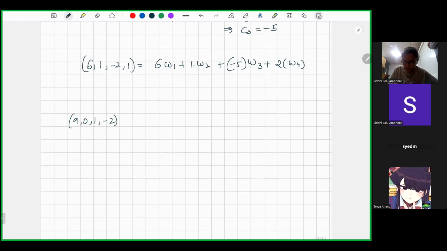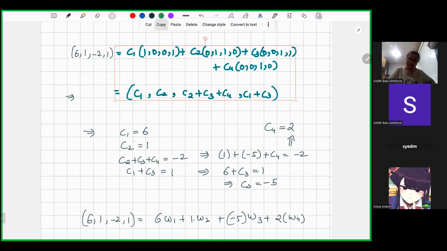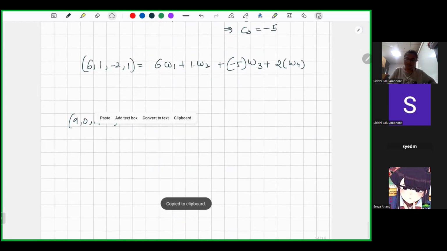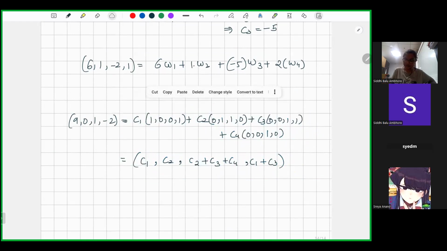9, 0, 1, minus 2. And see, this is again a linear combination. This will be similar, right? Let me copy this. I'm taking this as some linear combination of C1 to C4. Please let me know if you don't know why I copy pasted this here. Any doubt?